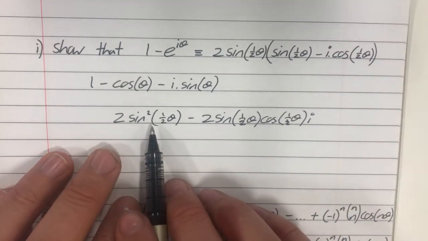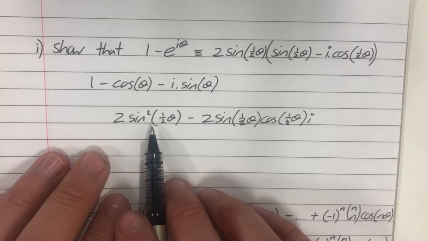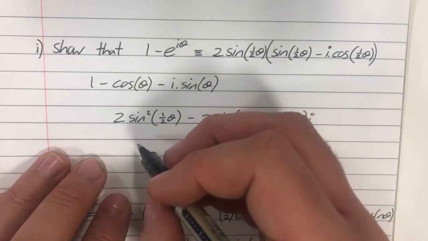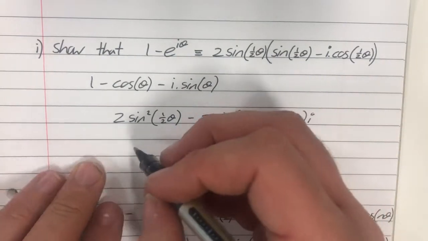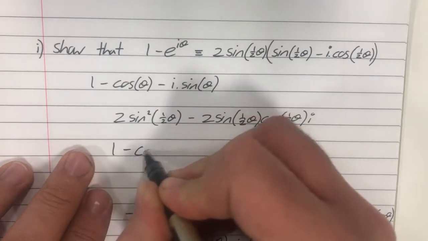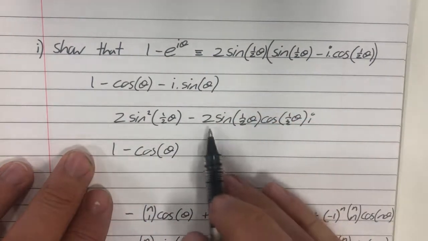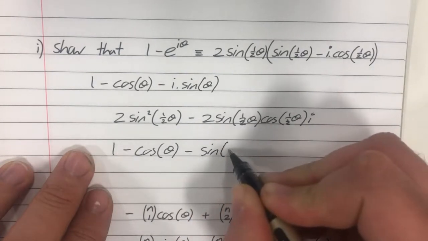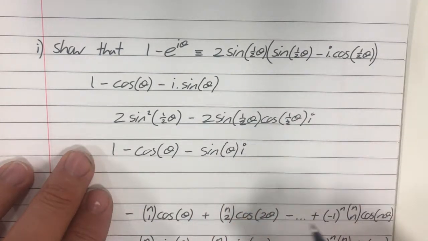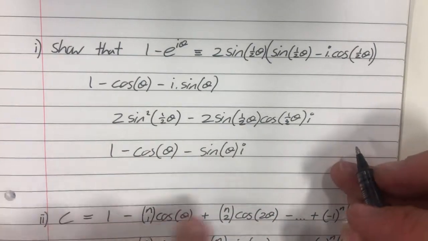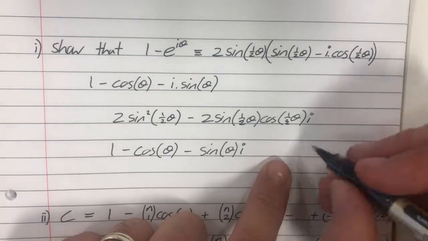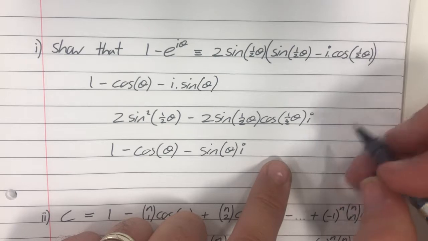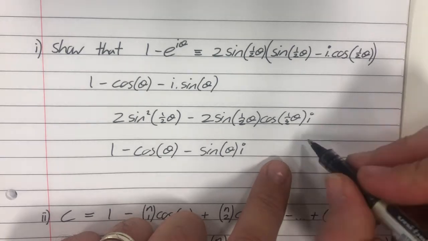That real part is 1 minus cos of theta. And then 2 sine of a half theta, cos of a half theta is sine theta times i. If you're unsure of where that's come from, just recall double angle formulae, and I'm reversing that process.